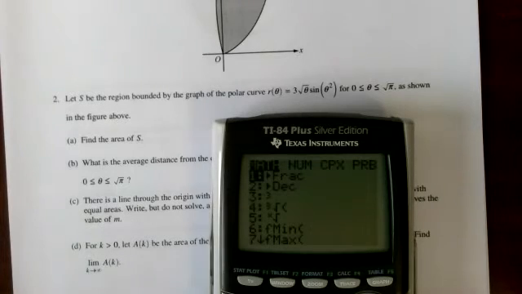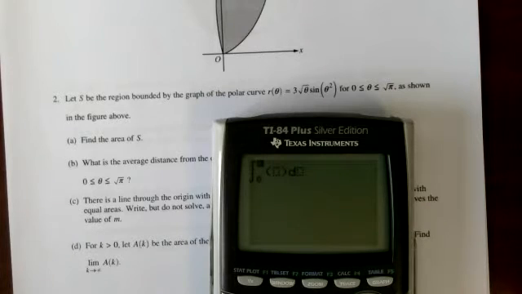Math, 9. Forgot my 1/2. 0 to square root pi. Parentheses, alpha up here lets me pick R1. Parentheses squared with respect to theta times 0.5.